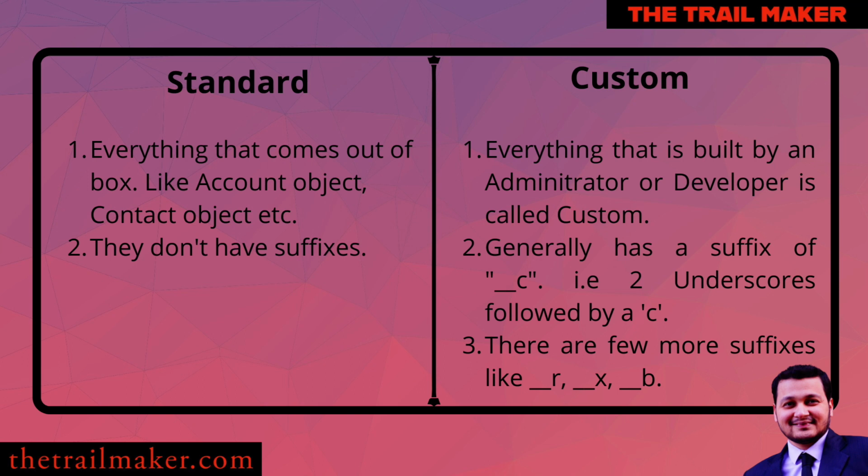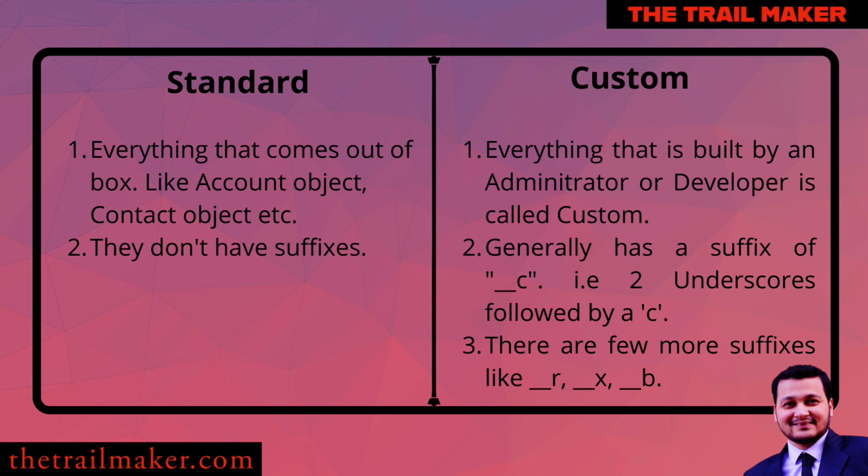Anything which is provided out of box in Salesforce when you log in for the first time is called standard. And anything that you as an administrator or you as a developer create in Salesforce is called custom.